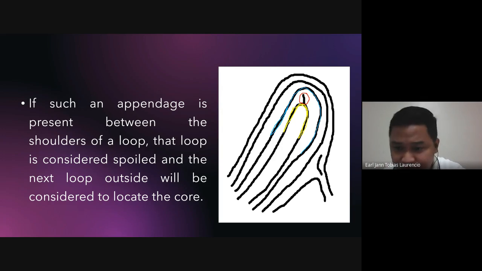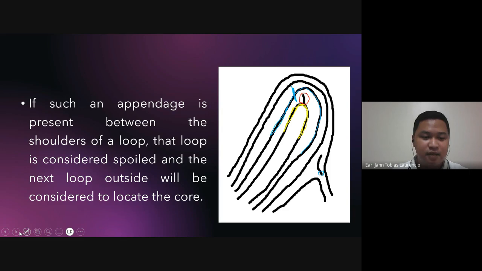So if this is the delta, the one that I encircled with color blue, the core will be placed on this part of the ridge because it is far from the delta. So that will be the core of the pattern. I hope that is clear to everyone.